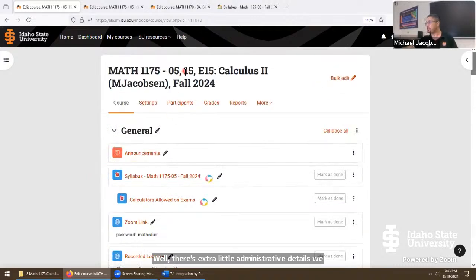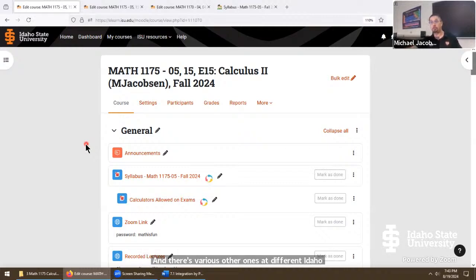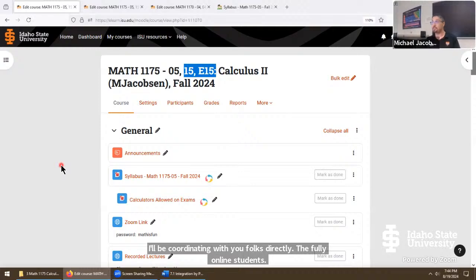For the people in this section, fully online, as well as E15, there's extra details that we need to discuss about how the exams will work. There's a Pocatello Testing Center, an Idaho Falls Testing Center. We've got one in Meridian, Twin Falls, and there's various other ones at different Idaho colleges. So I'll be coordinating with you folks directly, the fully online students, on getting those exams scheduled, finding the right testing centers and such.